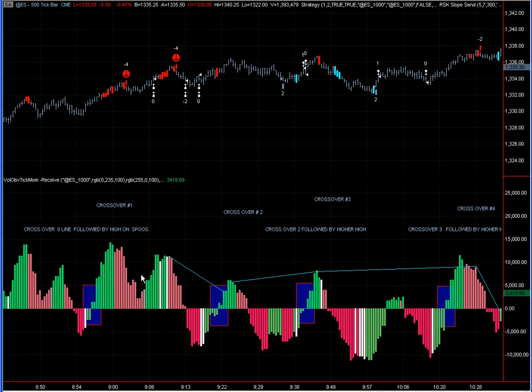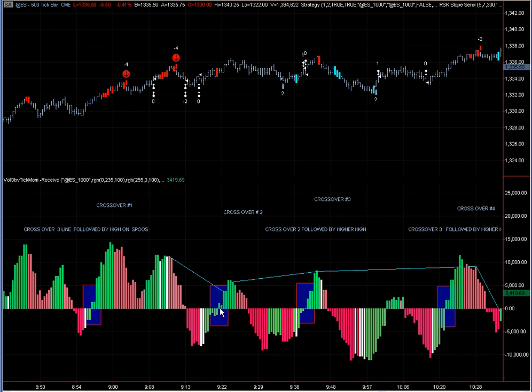Now, unlike the situation right in here, in this case, the volume drops below the zero line and then turns and comes back up above the zero line and crosses over. So our first crossover occurs here. The second crossover occurs here.